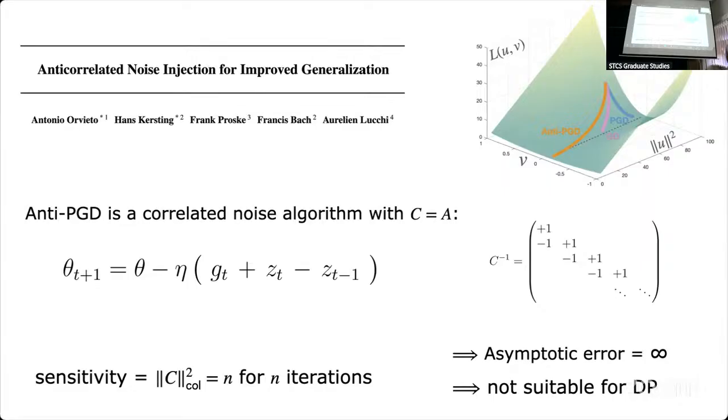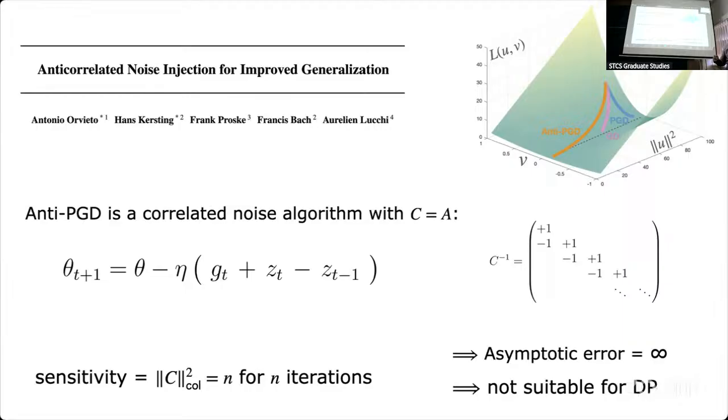So for C to be the prefix sum matrix, C inverse is this bidiagonal with 1 and -1. And that is exactly what this algorithm is doing, right? It adds some noise and subtracts out all the noise added in just the one previous iteration. So it's a special case of the banded setting that we were looking at earlier.